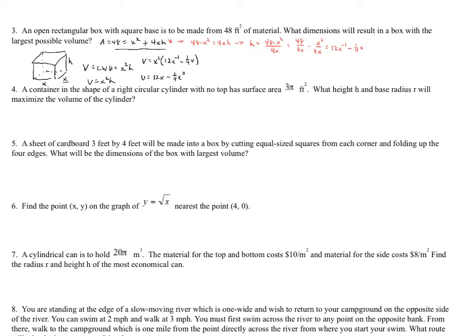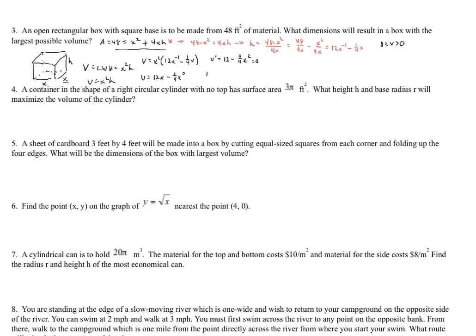This is what we're trying to maximize. I don't think we can restrict our domain any; x is going to have to be positive, since we can't have a zero or negative side length in a box. So our derivative of the volume is 12 minus 3/4 x squared. We want to set that equal to 0 so we can look for critical points.